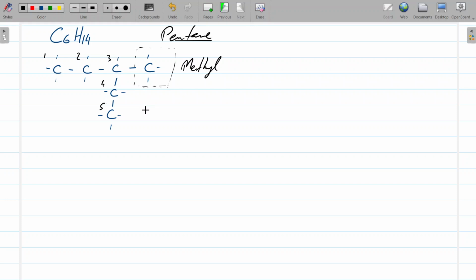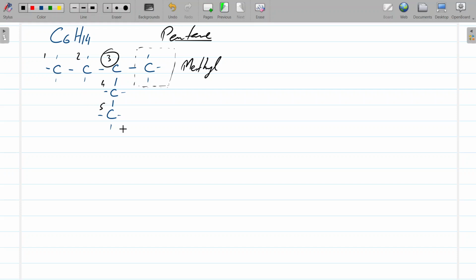Which carbon number? I've put the numbers against the carbons. Which carbon number is this? Sobia, what number is this? 3.